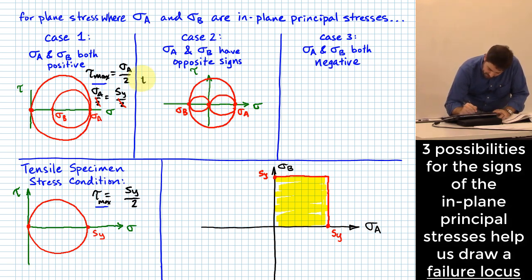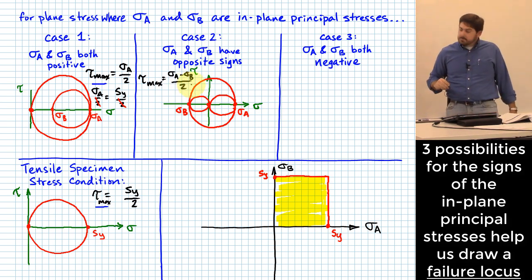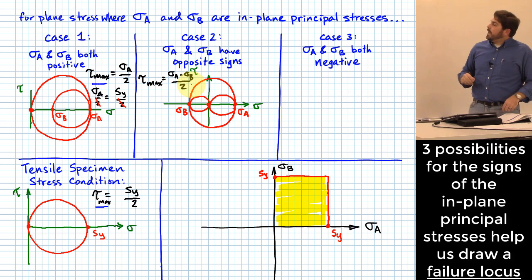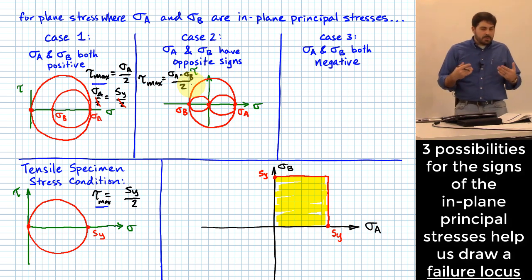Okay, yeah, so my maximum shearing stress is going to be equal to sigma A minus sigma B over 2. Okay, and what would be my condition where I would predict yielding?